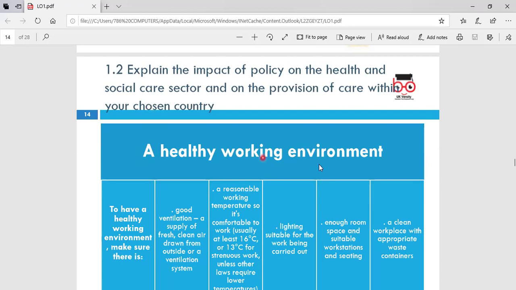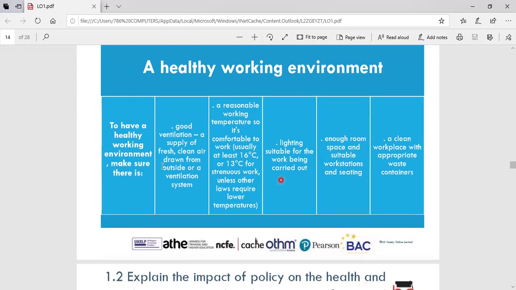So a healthy working environment, what does a healthy working environment have? There should be good ventilation, a supply of fresh, clean air drawn from outside or a ventilation system, and a reasonable temperature, so it's comfortable to work. Then you have different kinds of work. If there's a labourer, their temperature should be different compared to a worker who's working within the office.